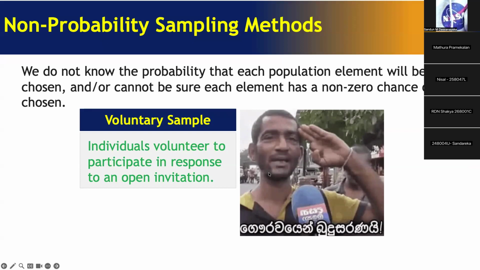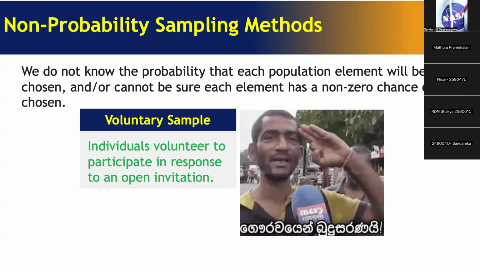Now, if you immediately see this image, I want to get your comment on this. Have you seen this image? When you see this image, you remember the video and all the things associated with that. So it's a volunteer response, an open invitation, and the person responds. So that's voluntary sampling. It can be really dangerous as well.